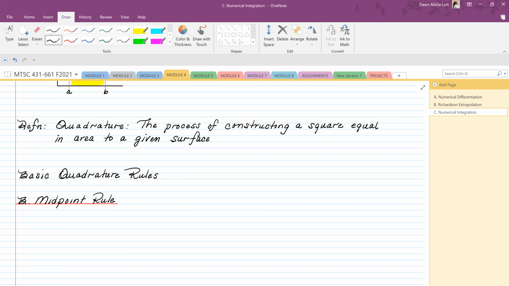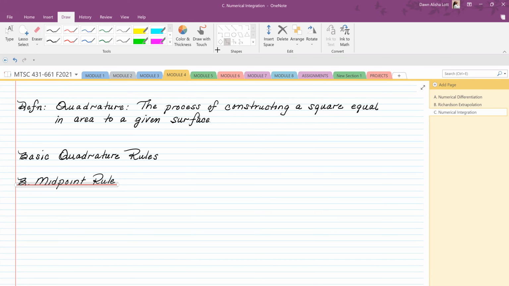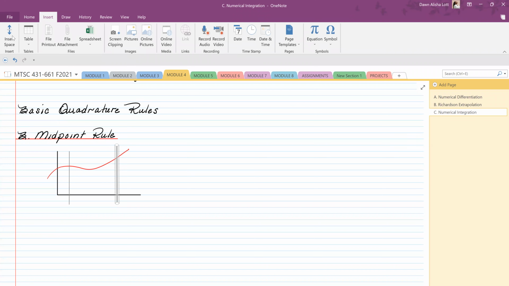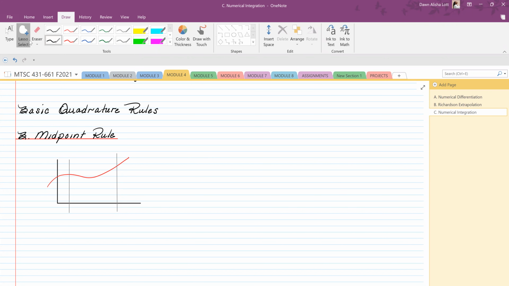All right, so the midpoint rule says we have this function, whatever it looks like here, and we're trying to find the area between A and B. Okay, so the midpoint rule says, you know what?